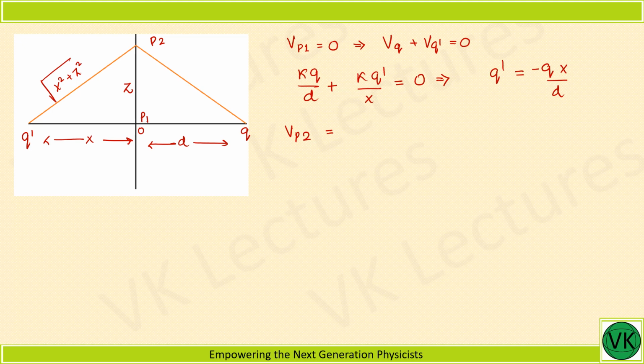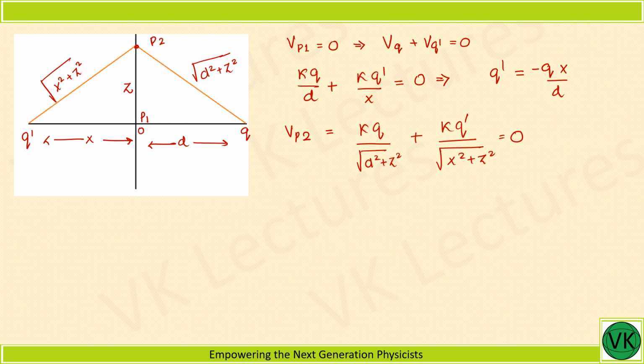And this is root of D square plus Z square. So KQ by a distance root of D square plus Z square plus KQ dash by root of X square plus Z square equal to 0.